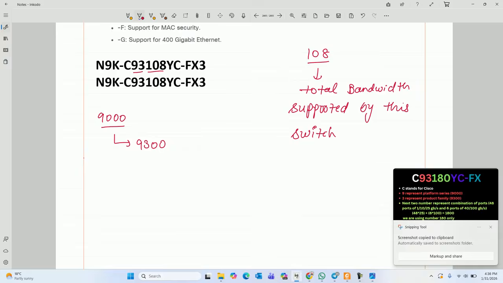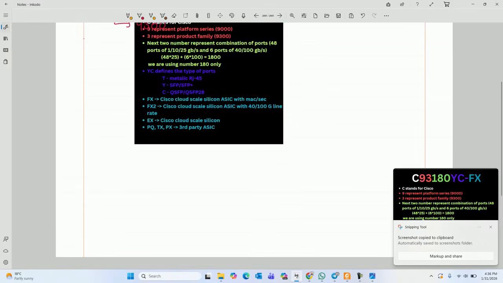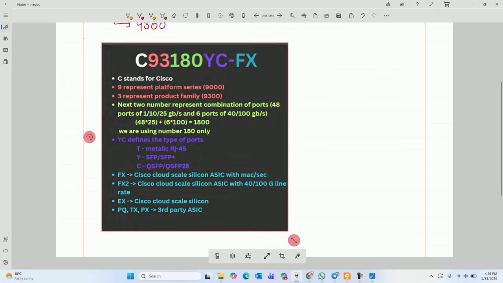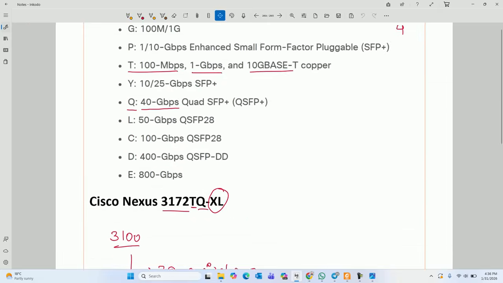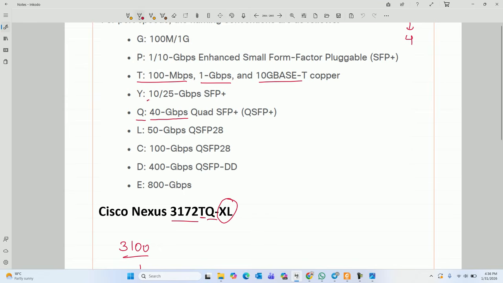Okay. So this 180 or 108, they don't define the number of interfaces. YCFX. In this case, this particular switch is having what? Y means 10 to 25 Gbps, so the maximum bandwidth is 25 Gbps. C means maximum is 100 Gbps.